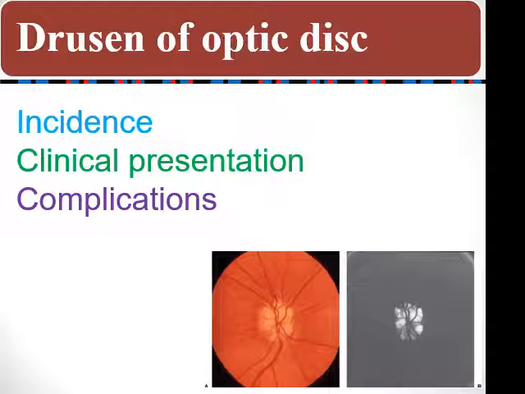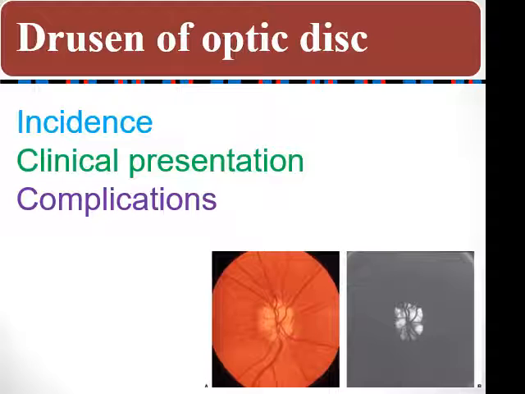However, some of these patients may complain of transient blurring of vision due to ischemic changes caused by the crowded disc. The clinical picture is similar to a case of papilledema.